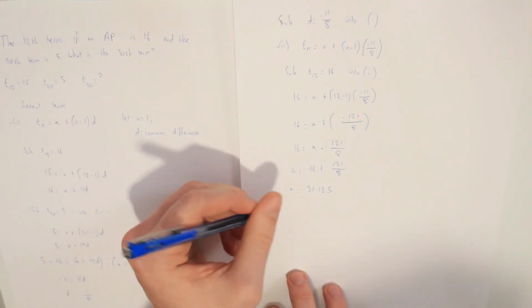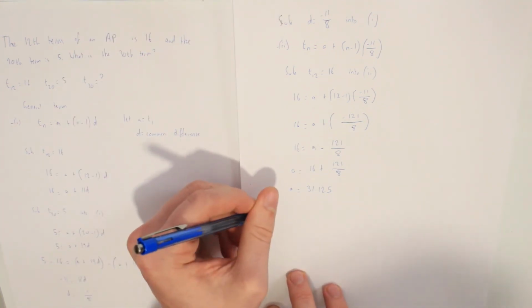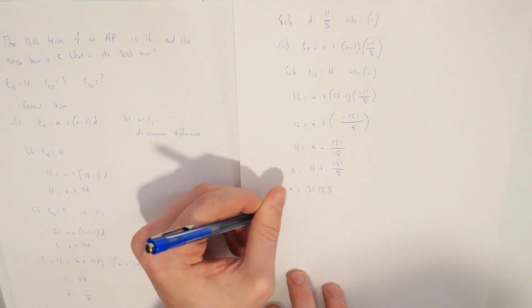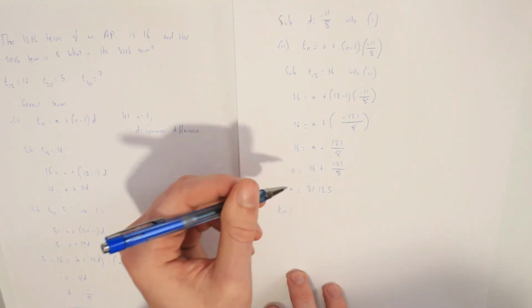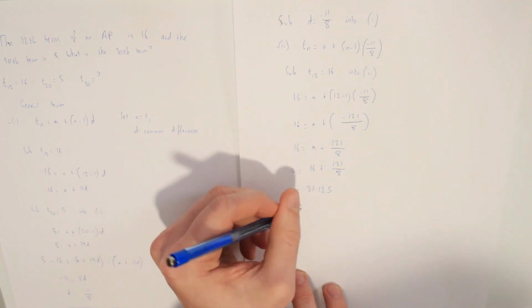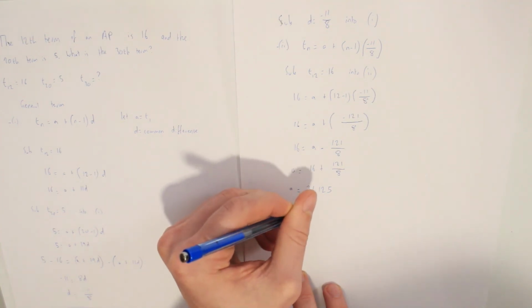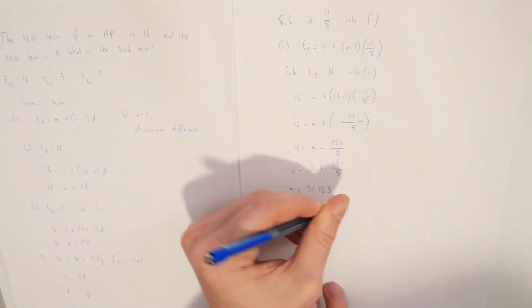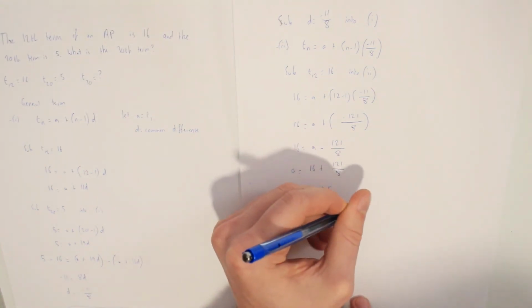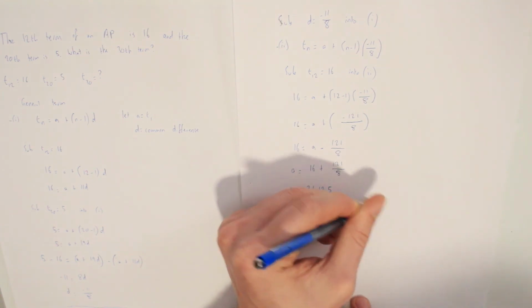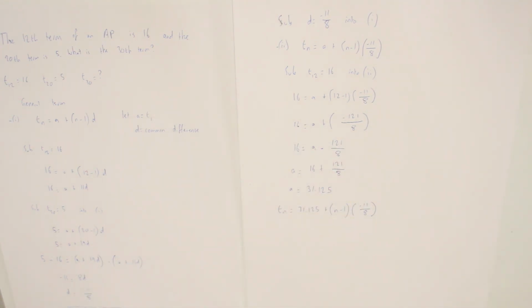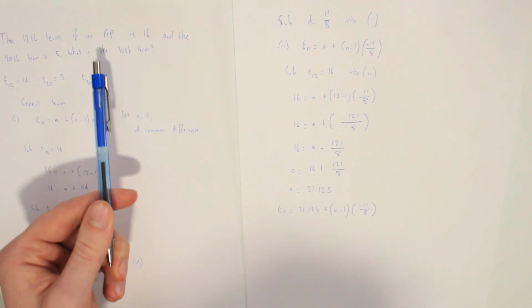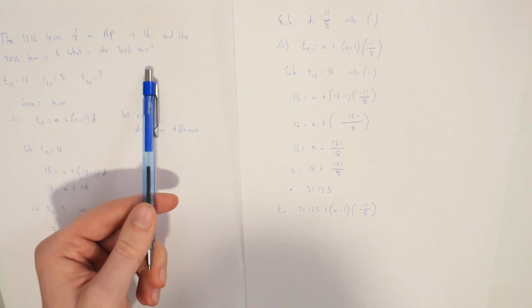Let's sub those values back into our general term. So we get Tn equals A, which is 31.125, plus n minus 1, all times negative 11 over 8. Now, our original question asked, what is the 30th term?